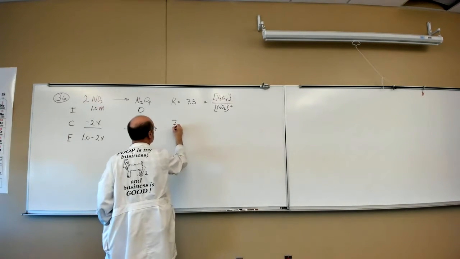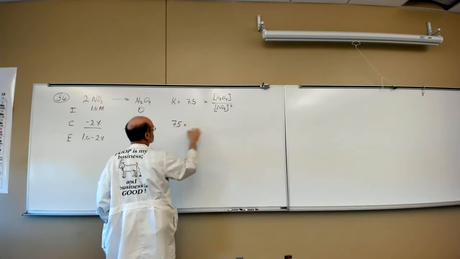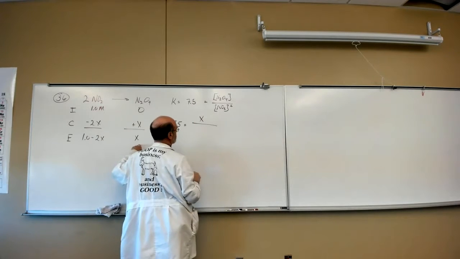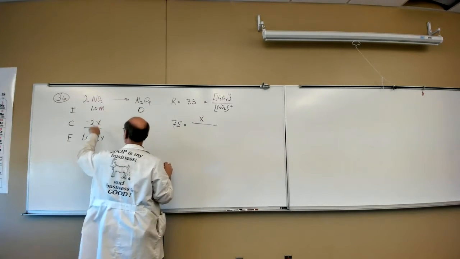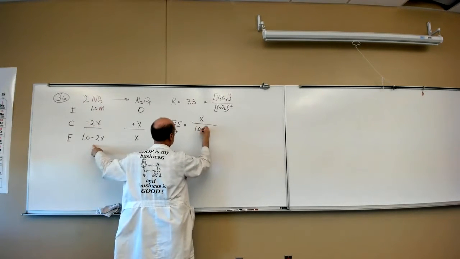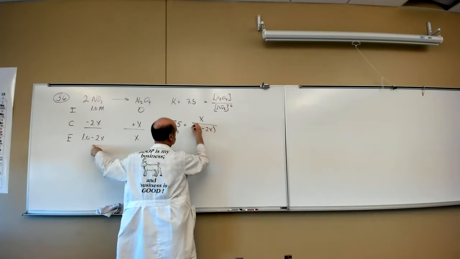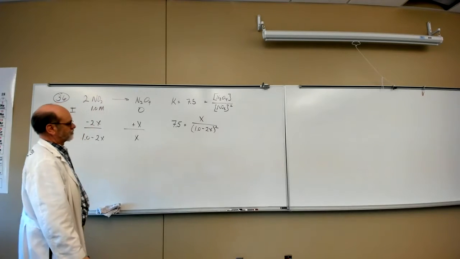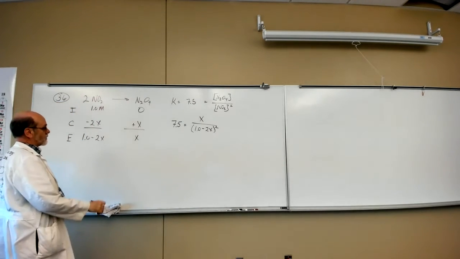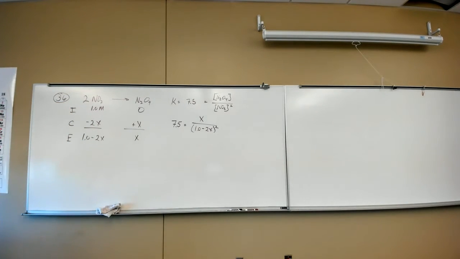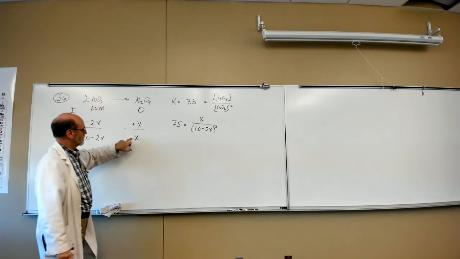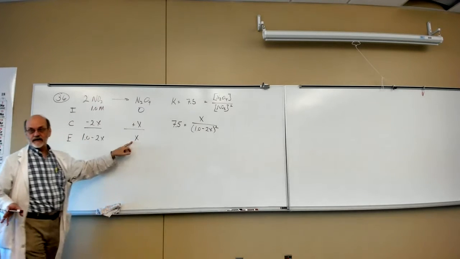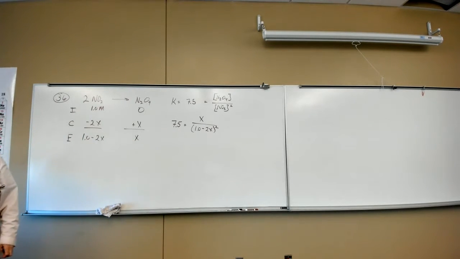That means N2O4 is X, and then NO2 is (1 minus 2X) squared. Now all we have to do is solve for X. Since we've chosen X the way we have, all we have to do is find out what X is, and that answers the question.